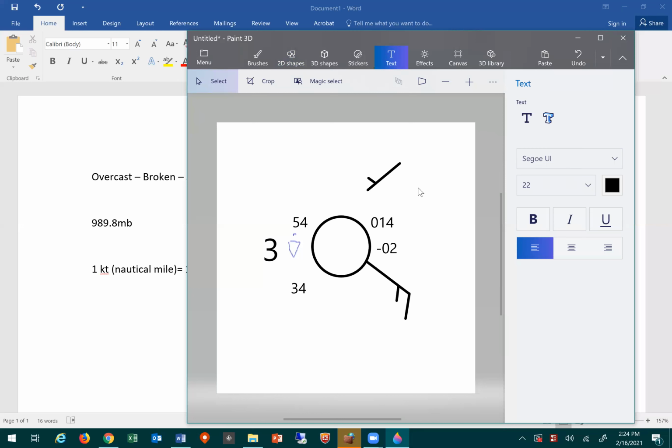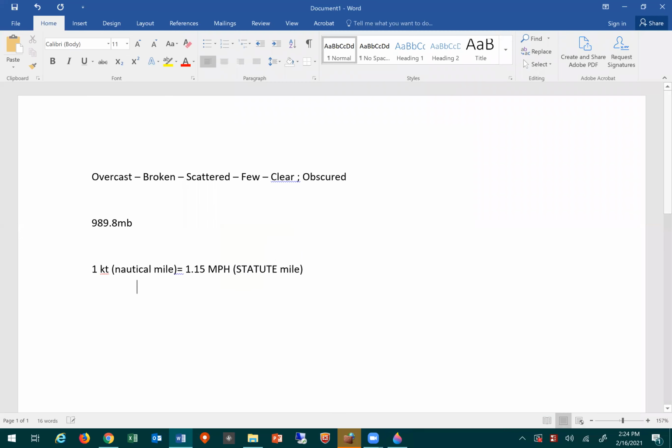Okay, so let's do this. Pressure tendency is a 3-hour pressure change. That's a really important word that you need to make sure you know. When you use tendency commonly, it's kind of telling you what you are tending to do over time. But when I say pressure tendency, definitely it's a 3-hour pressure change.